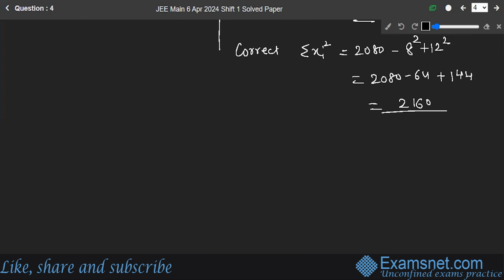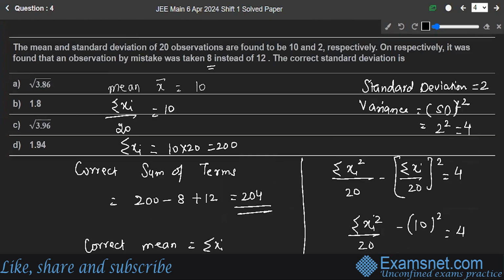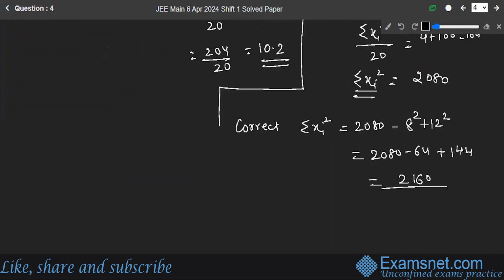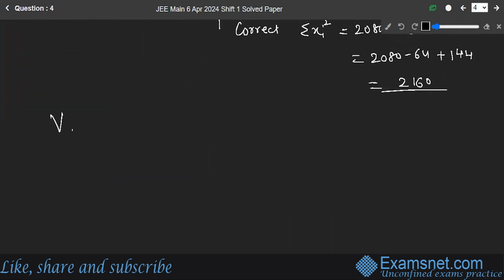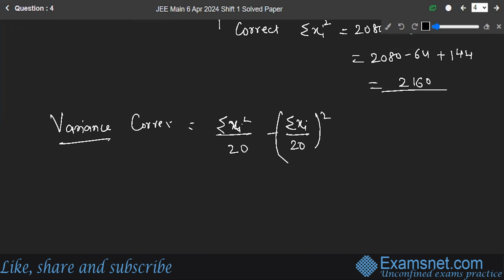Now, what do I have to find out? Standard deviation. First of all, let's see the correct variance. This will be summation xi square upon 20 minus summation xi upon 20 square. So now this is the correct one.